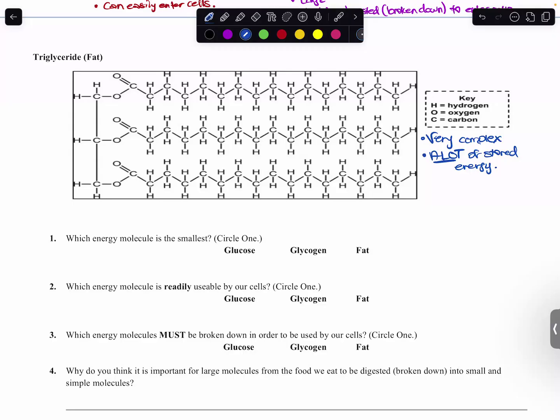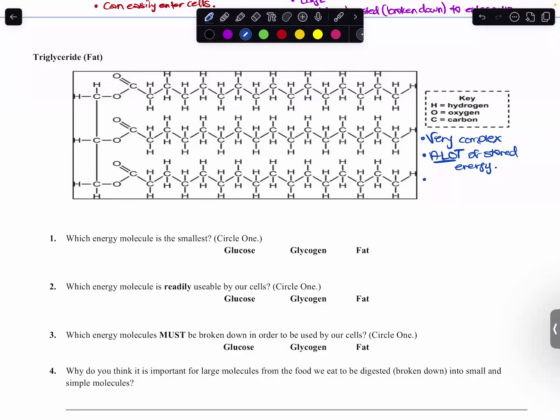That's why a lot of people, when they're trying to lose weight, avoid high carb foods such as pastas and rice and potatoes. They try to avoid that as much as they can so that their body has no choice but to use their fat as an energy source, all right?